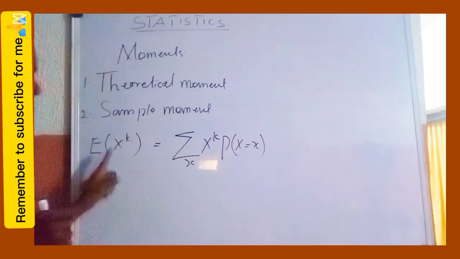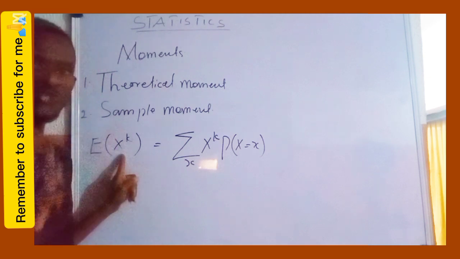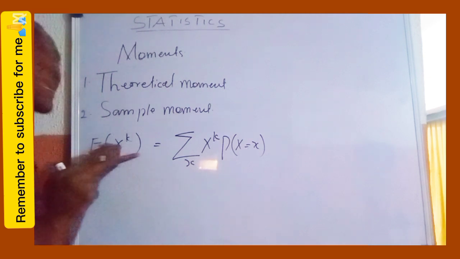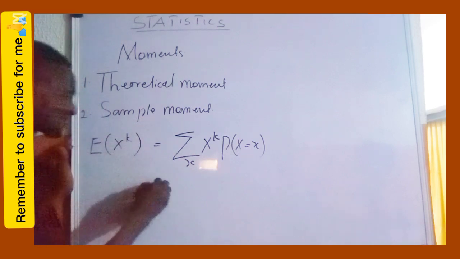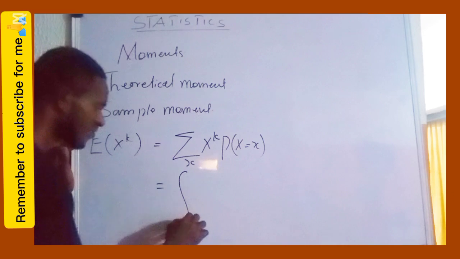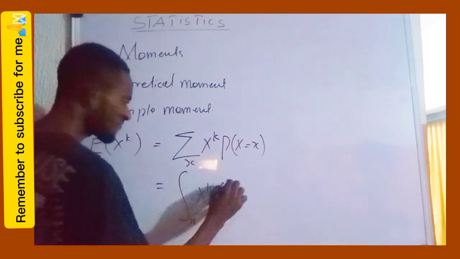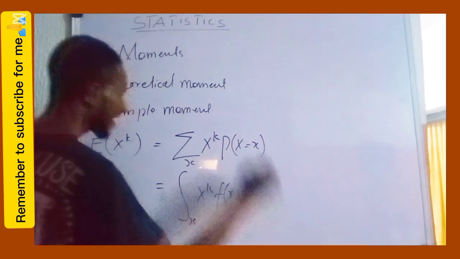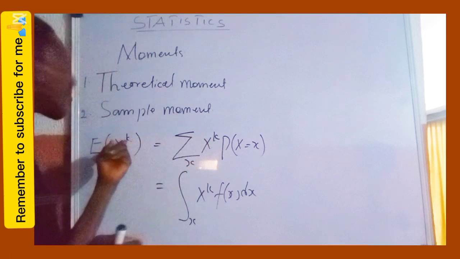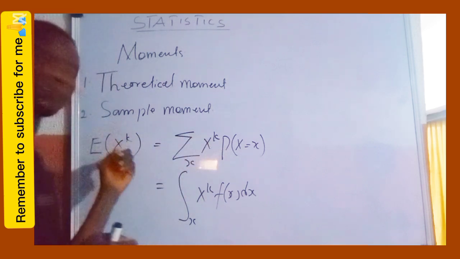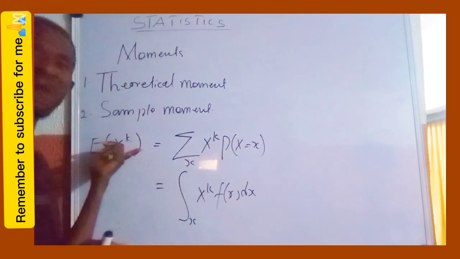However, if we have information that this random variable X is not discrete, instead it is a continuous random variable, then this kth moment about the origin will be expressed as the integral over the range of x raised to power k of f of x dx. So this is an expression of the kth moment about zero.